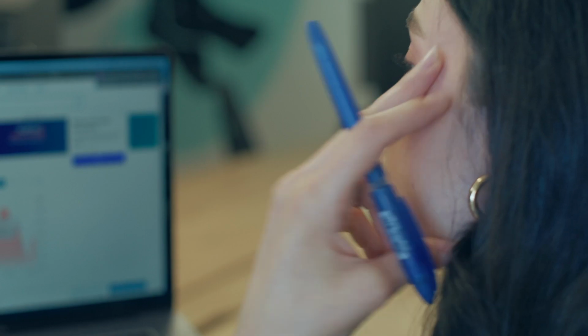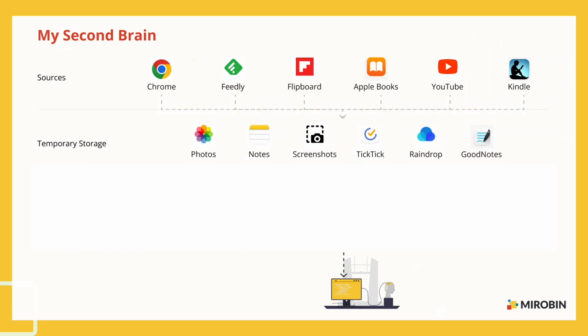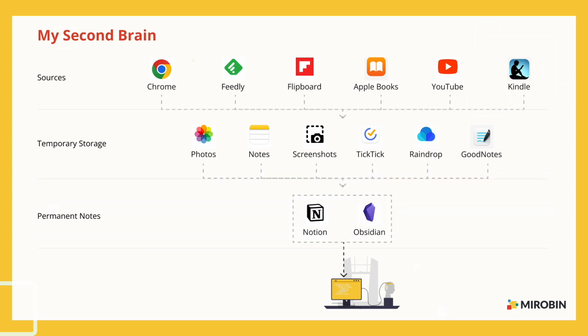So, to reduce this stress, build your knowledge management system. I built my own, what we call a second brain, and it cost me $0. Here is mine. These are the sources where I get the content. Then I save it to temporary storage, and once I get time, I move it to permanent storage where I can search when I need to recall it.